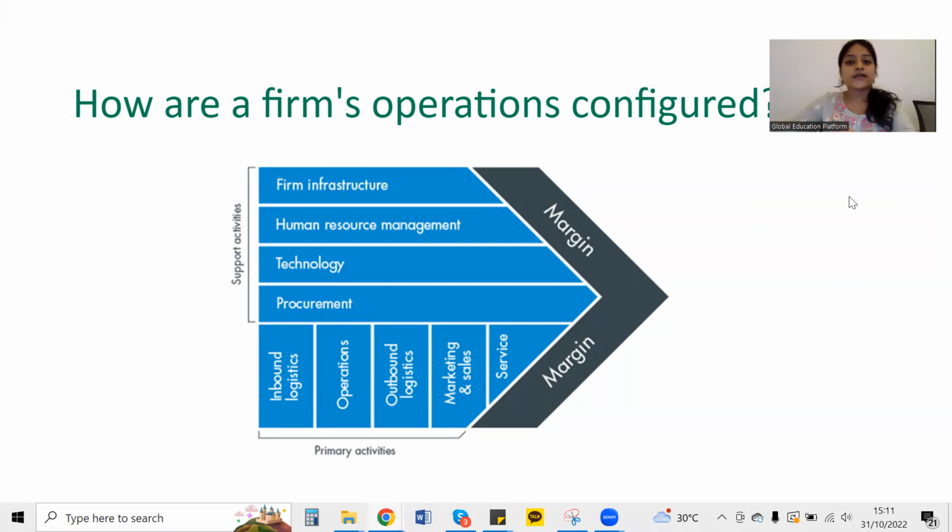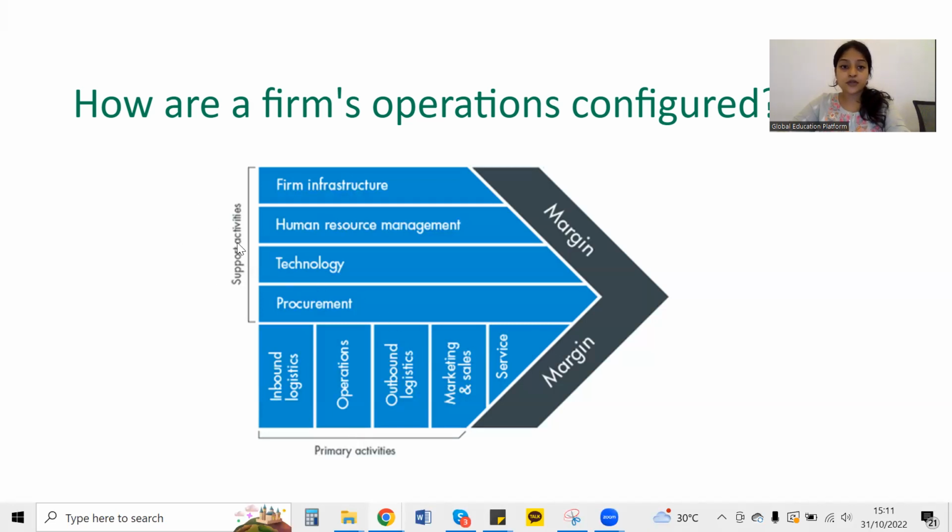So here we look at the value chain, right? So you can see how the combination is made here. So we have the primary activities, and then there are support activities. So within the primary activities, which are the key factors the business needs to consider, would be inbound logistics, the operations, outbound logistics, marketing and sales, and services offered.